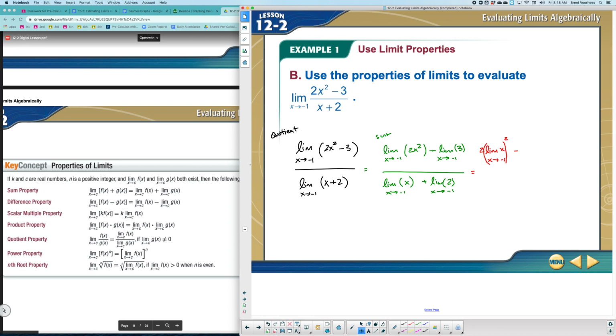And then this right here will become a 3. That's the constant function. Let me change colors, something I haven't used yet. This will be the scalar, constant. That's a limit of a constant. Over here, I forgot to write it. That was the scalar multiple. And the power property.